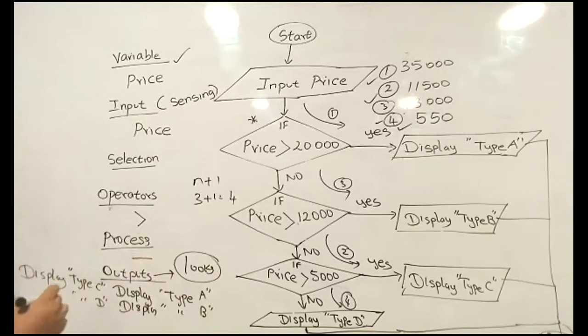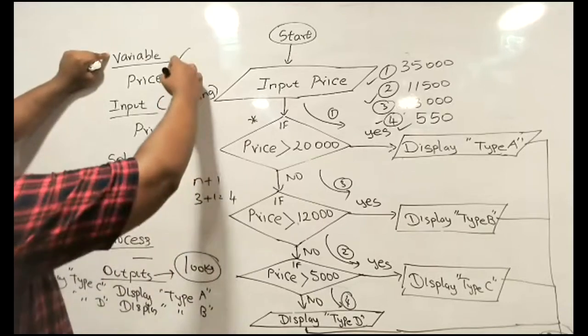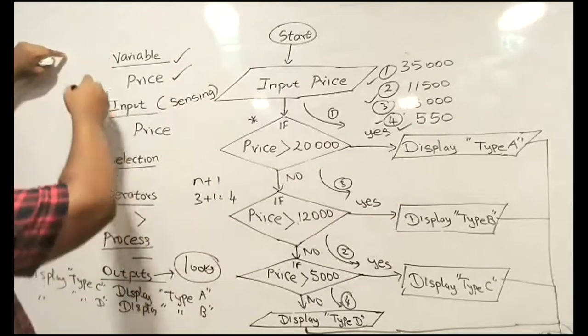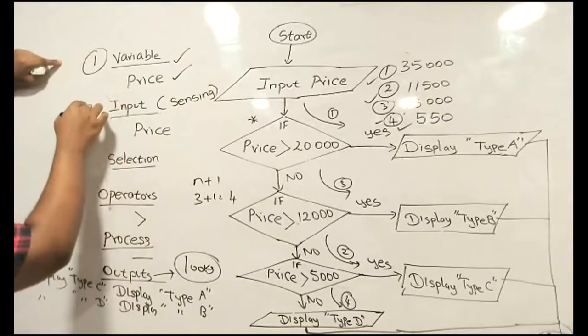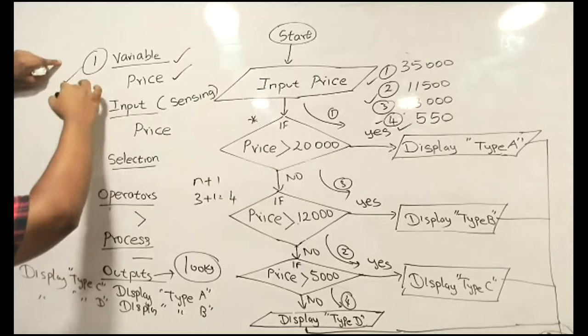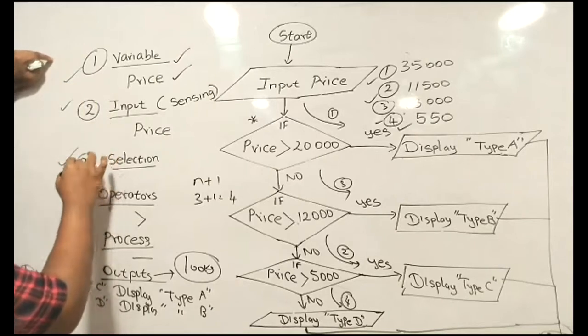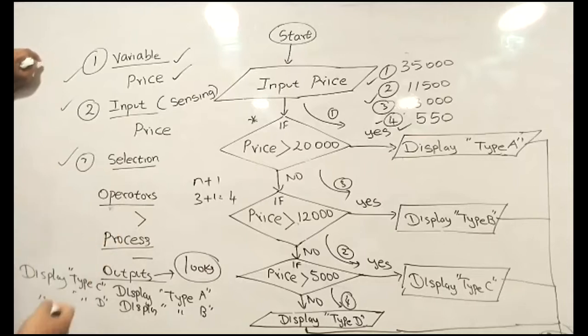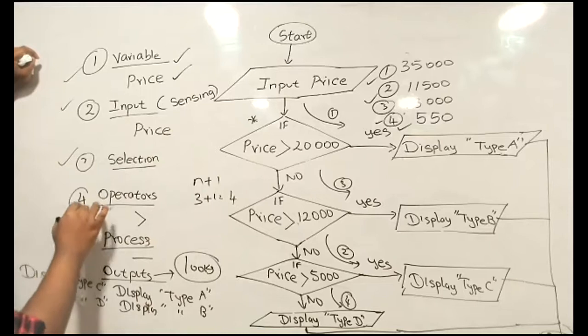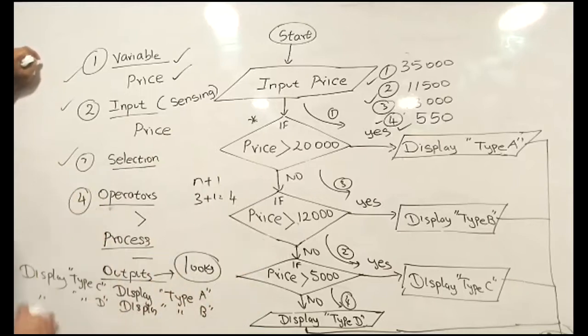in Scratch. Right? So variable identification is done. That is the first one. Second one, input identification, that is done. Then third one, selection, we already identified. We need the greater than operator.